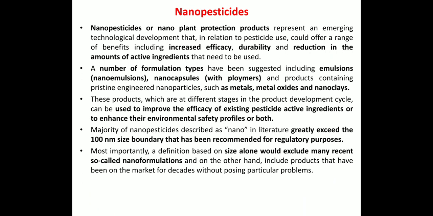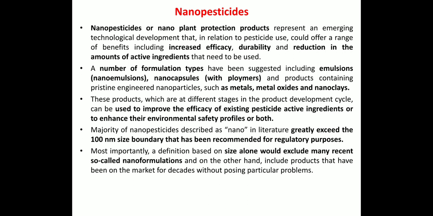A number of formulation types have been suggested, including emulsions, nanocapsules with polymers, or products containing metal oxides. These are the different types of formulations included in nanopesticides: polymer coating, emulsion coating, metal coating, metal oxide coating, and clay coating.